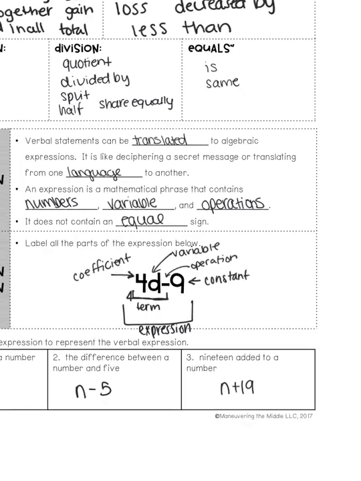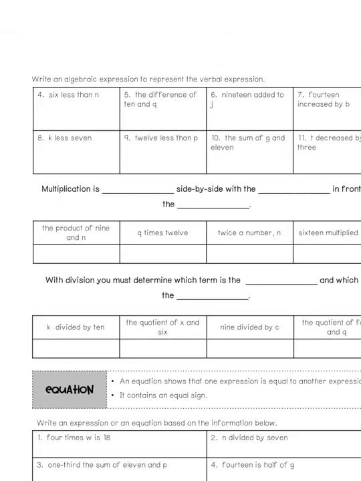Okay, next page. 6 less than n. Okay, less than tells me subtraction, and it's less than n, so it's not going to be 6 minus n. Order matters with subtraction, right? It's less than n, so I would do n minus 6. The difference of 10 and q, so it would be 10 minus q.